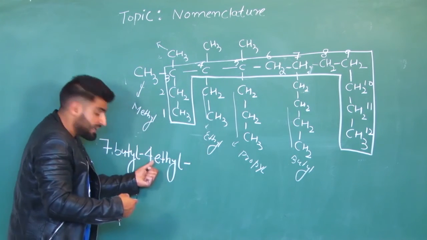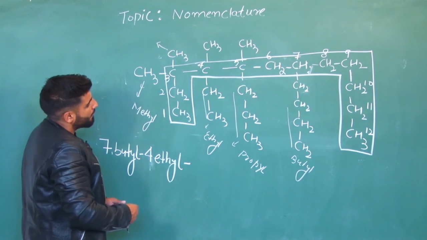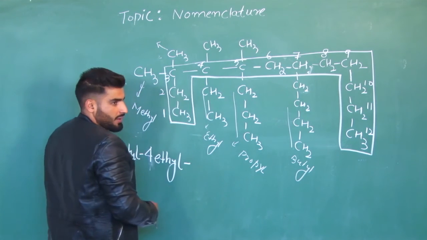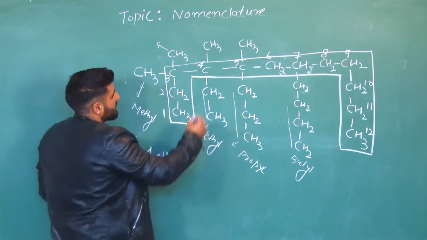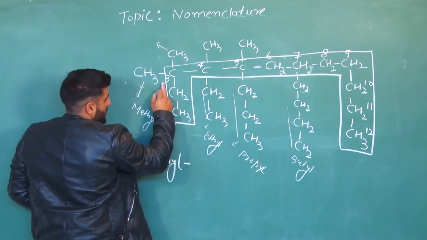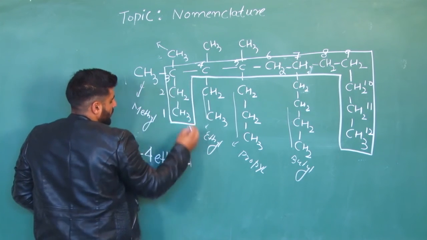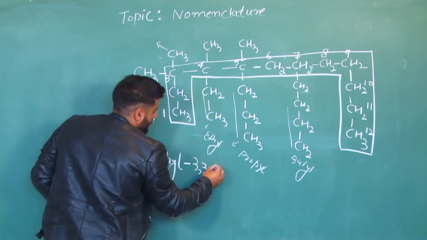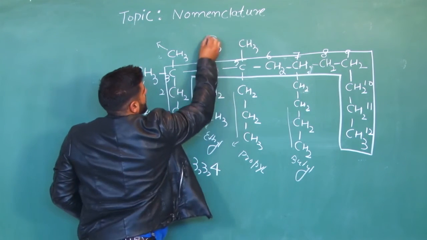Alphabetical order along with their locants: 4-ethyl. And after E, I will go with M, because E, M. Now M: on 3, I have 2, so 3, 3. On 4 I have 1, so 4.